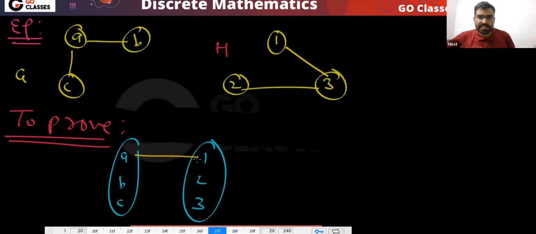Tell me, will this bijection work? Let me give you a bijection. Will this bijection work? This bijection will not work. Why will this bijection not work? See, this is a bijection, that is fine.